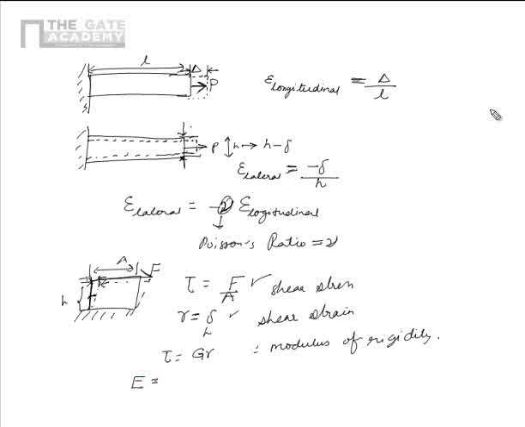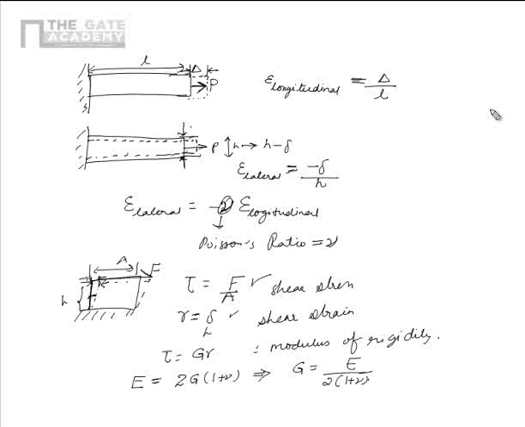The relationship is like this, which can also be written as G is equal to E by 2 times 1 plus nu. That's an important relationship to remember, because it tells that E, G and nu are not all independent entities at the same time, for isotropic elastic material like steel. If we are given E and G, we can figure out what is nu for it. Or if we are given E and nu, we can figure out what is G for it.